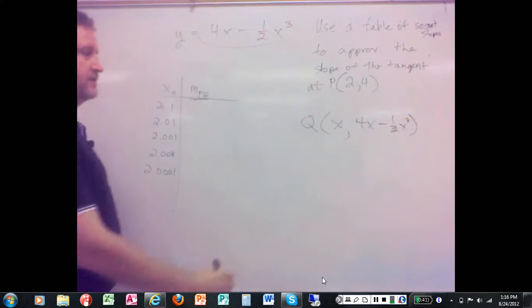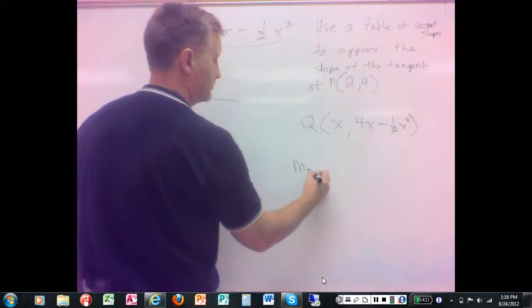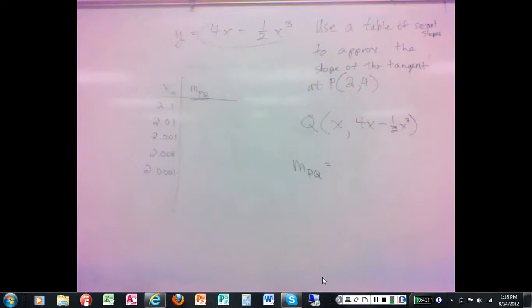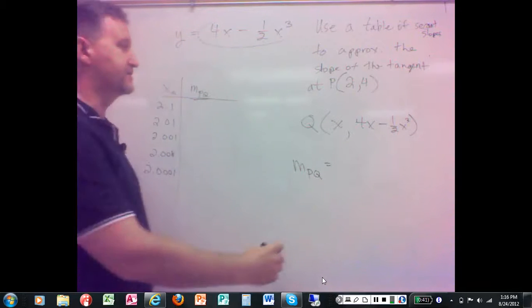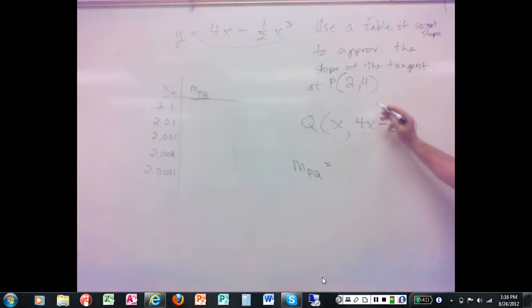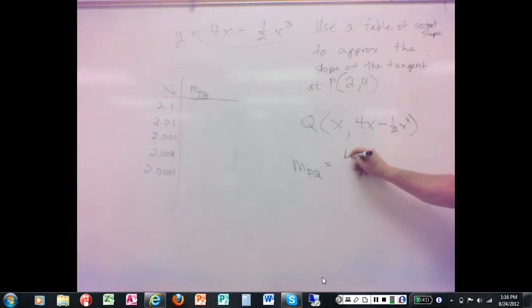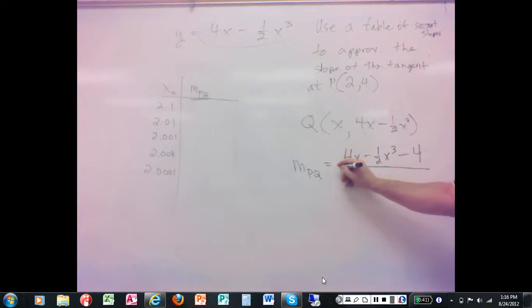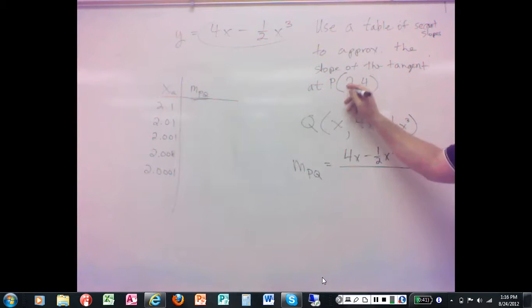And so that's going to make the Mpq equation what? Difference of the y's over difference of the x's. So I take y2 minus y1, so that would be 4x minus 1/2 x cubed minus 4, over the difference of the x's, x minus 2.